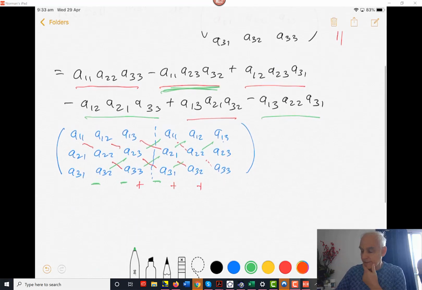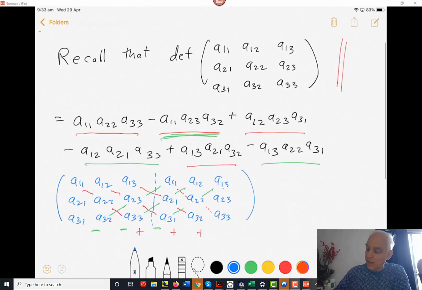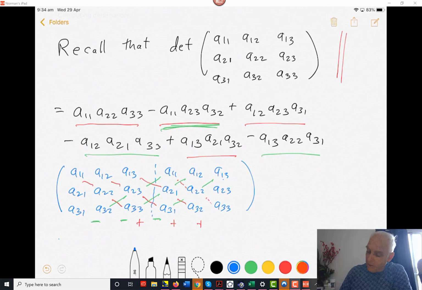Another important thing to know is that our basic formula, our defining formula for the determinant, actually has some variants. So recall that originally this determinant up here was defined as A11 times capital A11, representing that 2x2 submatrix, the minor, and then minus A12 times capital A12, and then plus A13 times capital A13.